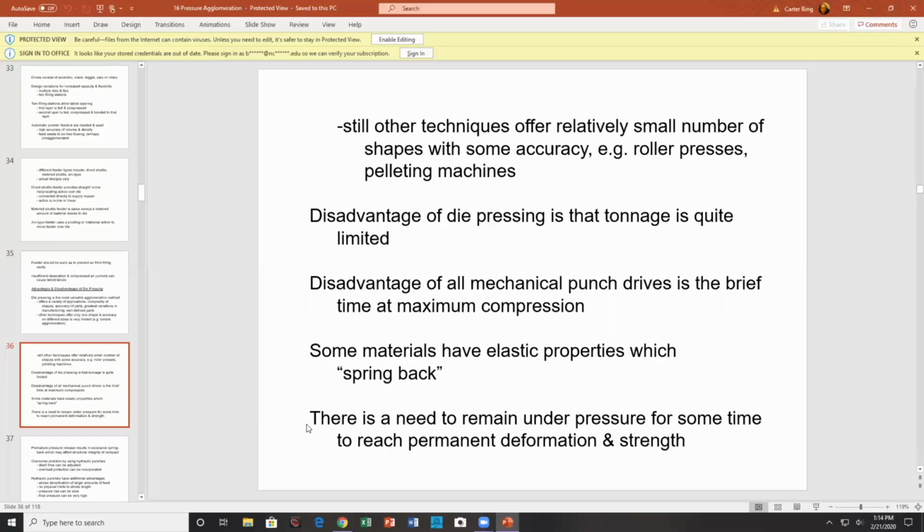There's a need to remain under pressure for some time to reach maximum deformation, to reach permanent deformation and strength. This is a brief time. Here you want a longer time at maximum compression. So what design will give you that?